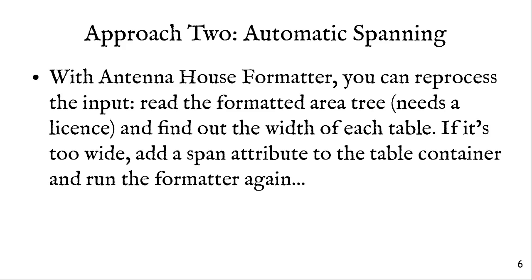And you find out the width of each table. Now it's too wide. You add a span attribute to the table container. So this means you're running, for example, XSLT, reading your input file a second time, but now informed by the area tree. And when you process the table, you notice the table was too wide and you add an attribute. And then you run the formatter again.